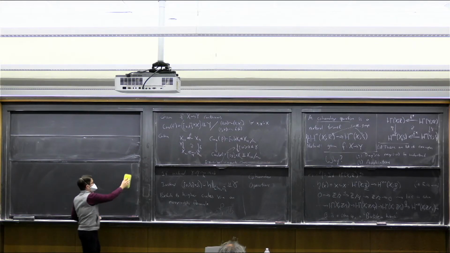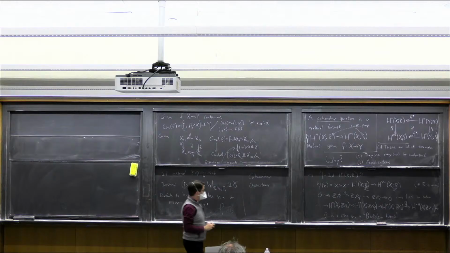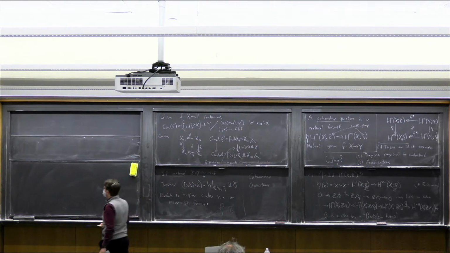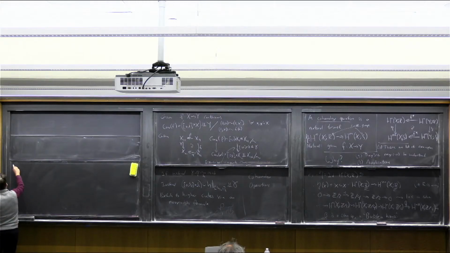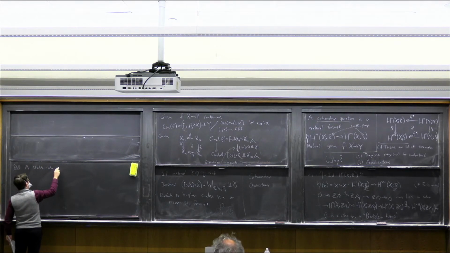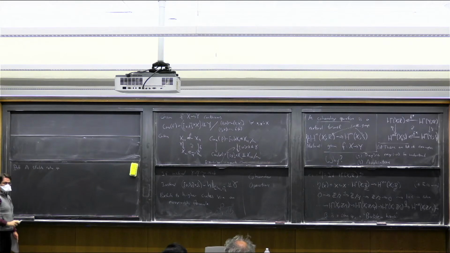I'm interested in other examples than these, but I'm going to, in some sense, tell you all examples. Maybe I'll tell you what a stable cohomology operation is. A stable cohomology operation, that's one that commutes with the suspension homomorphism, but that doesn't quite make sense.